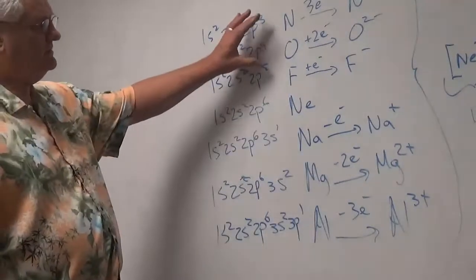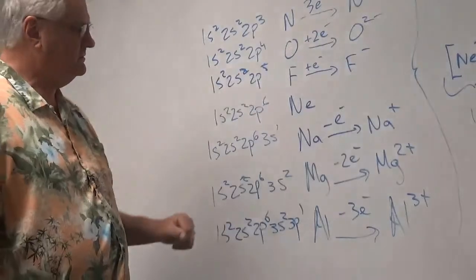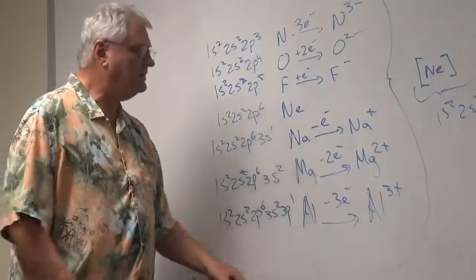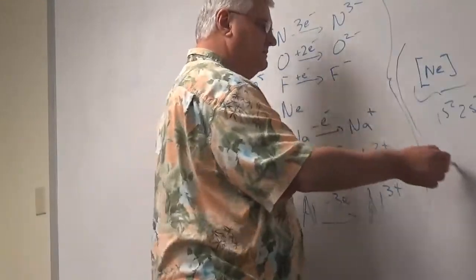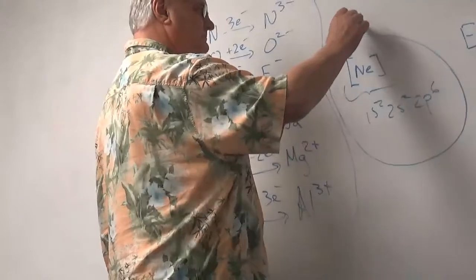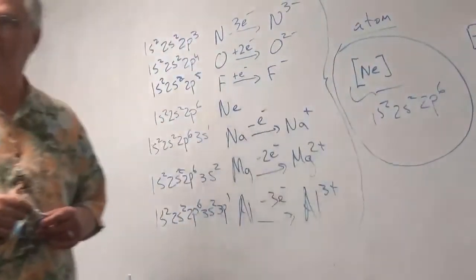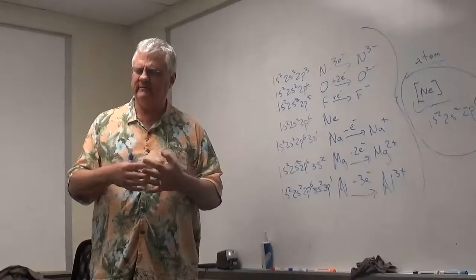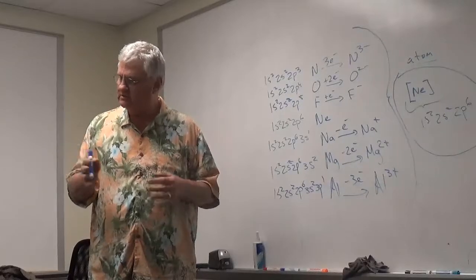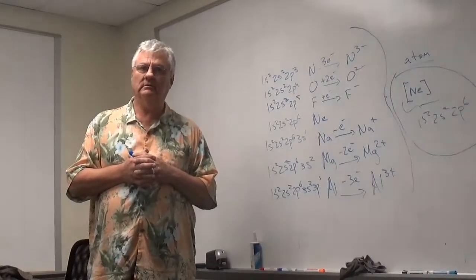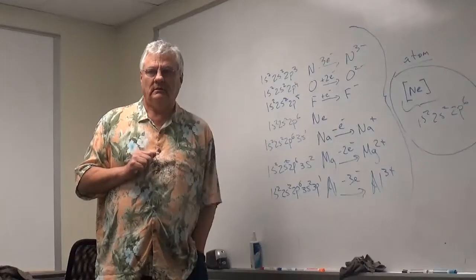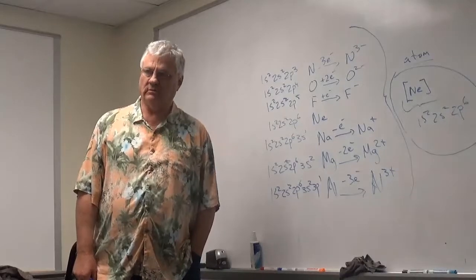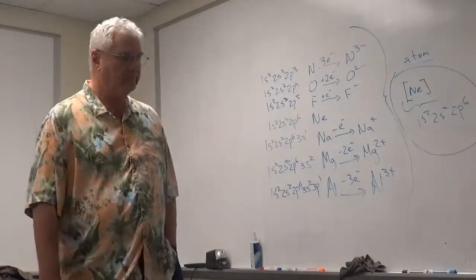So here, with these nonmetals gaining electrons, and with these metals losing electrons, they're all trying to end up with the same electron configuration as a neon atom. Okay? Everybody see how that works? So for the main group elements or representative elements that have predictable charges for the ions they form, the driving force is to end up with an ion that has the same electron configuration as a noble gas. Okay?